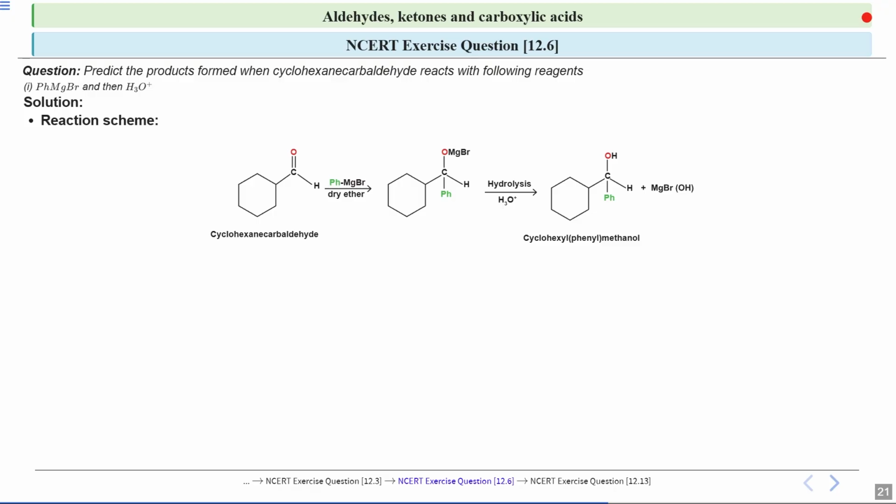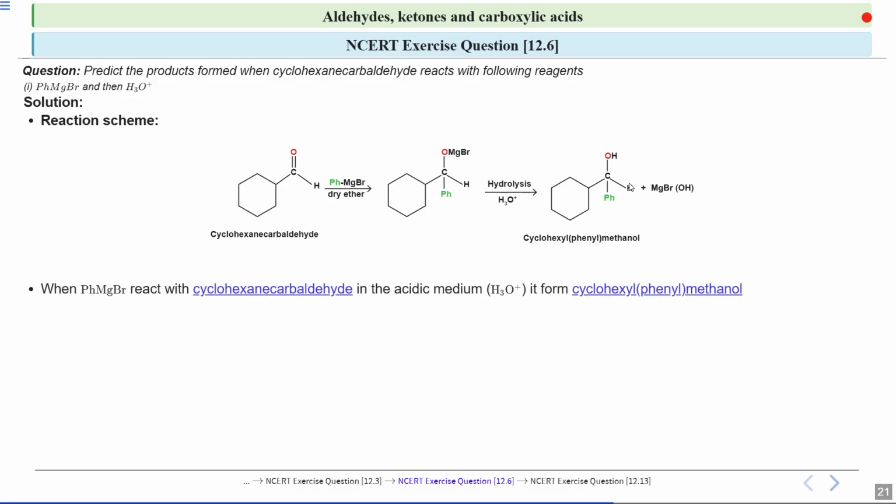When this cyclohexane carbaldehyde reacts with the Grignard reagent, the phenyl group from this PhMgBr adds to the carbonyl carbon of the aldehyde. See over here, this Ph group gets attached to this carbon of the aldehyde. After the acidic workup, you get an alcohol.